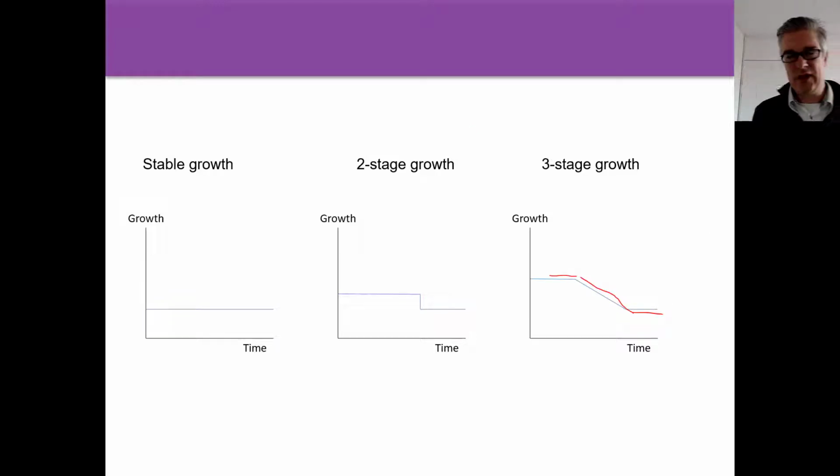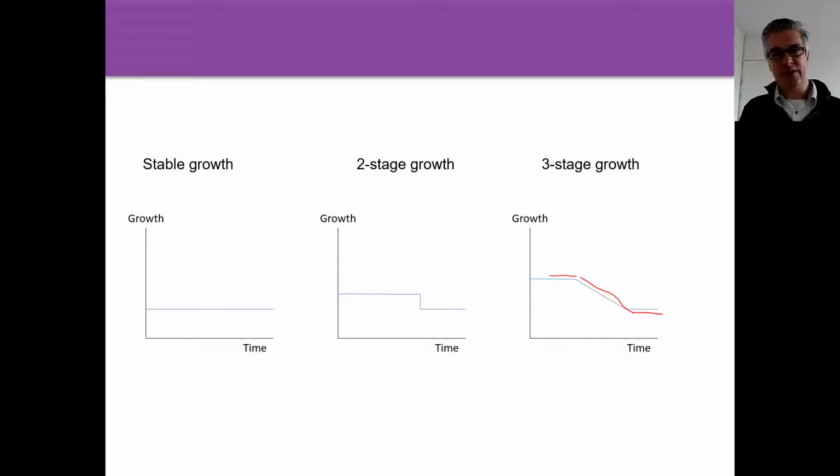Two-stage growth is a little bit rarer to have, but can be something that you can use for stuff like patents, where you have a high growth phase in which the patent is still viable, and then at a certain point the patent expires, and then anyone can start making your product. So what you kind of expect is to make high profits and grow by a lot for the time that the patent is in place.